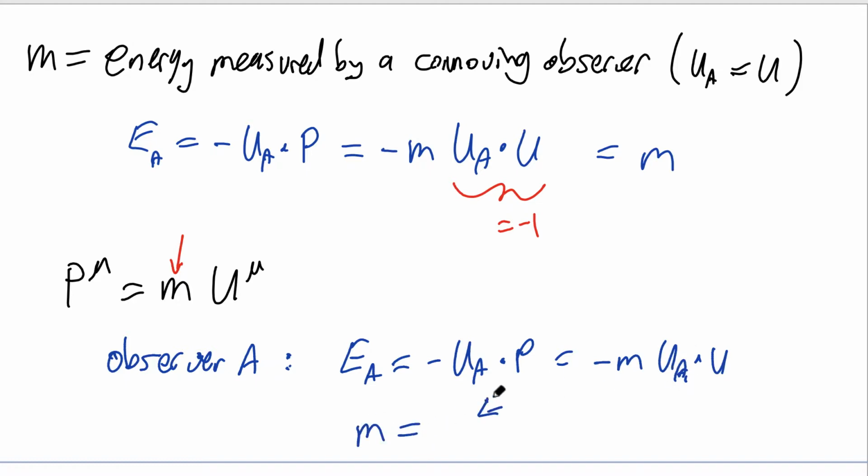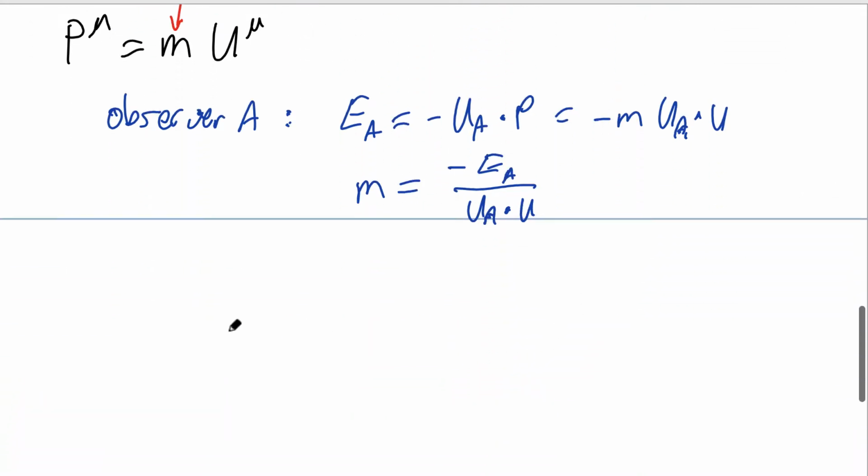This is E_A, or minus E_A divided by U_A dot U. So replacing that in our definition here, the momentum of the particle is equal to minus the energy as measured by some observer divided by the inner product between the observer's velocity and the velocity of the particle, times the velocity of the particle.